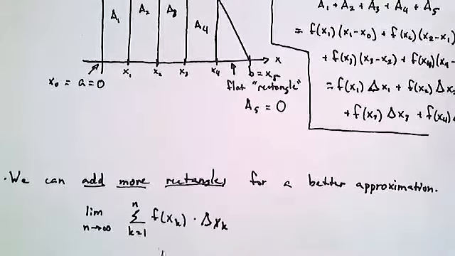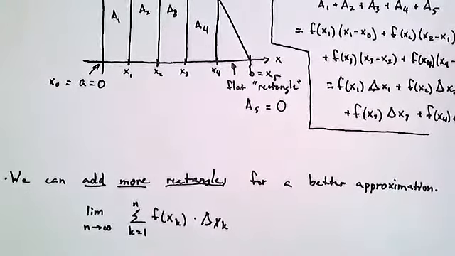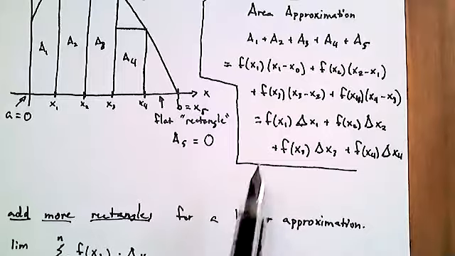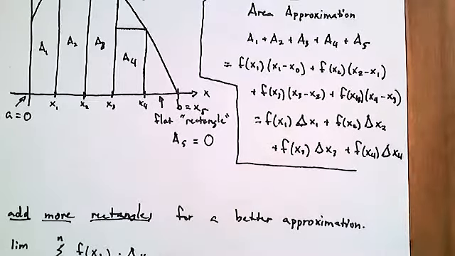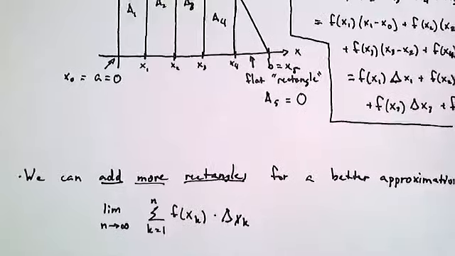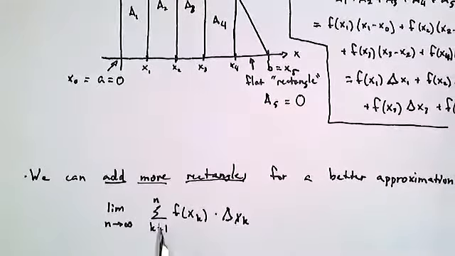Okay, so this sum using sigma notation is exactly the kind of sum that we did up here, where we were adding our areas of rectangles, but now I'm just using the shorthand sigma notation. And this number on top tells me how many rectangles are in my sum.